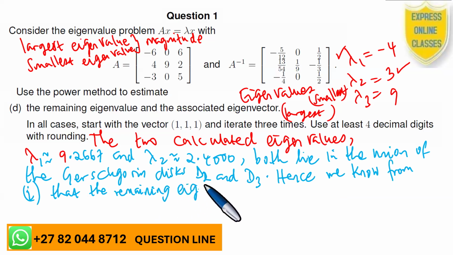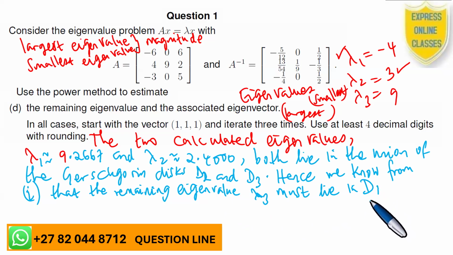So the remaining eigenvalue, lambda 3, because we did the first two, lambda 1, lambda 2, but now lambda 3 must lie in disk 1. So specifically, the third, lambda 3, must be near disk 1.